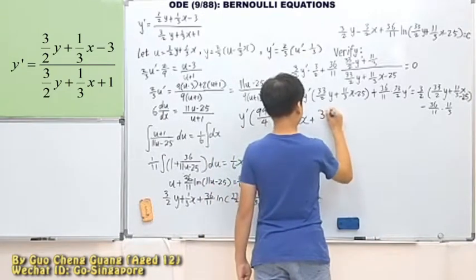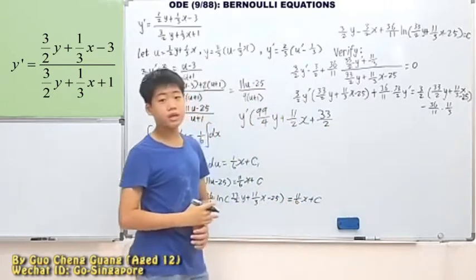With a quick calculation, you get 33 over 2.